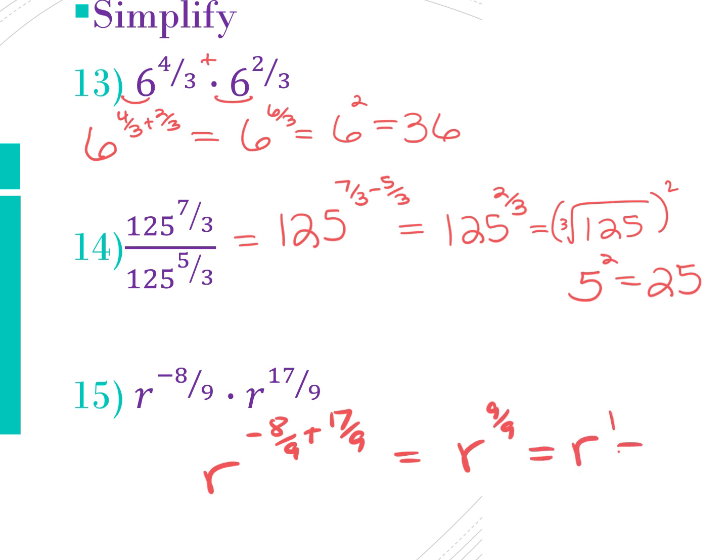So the final answer here is either just r to the first or just r. Remember, when you add and subtract integers or fractions, when the signs are different, you subtract and keep the sign of the bigger number. So here I just did 17 minus 8, I got 9, and then 9 over 9 simplified to a 1.